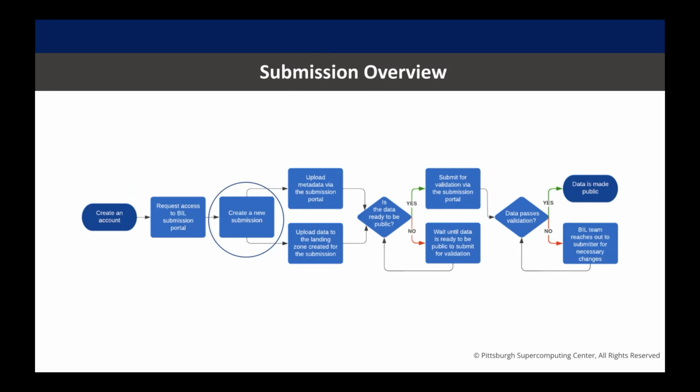But if you log in initially, you'll have a private Scratch space to mess around with, get a feel for how to submit things to BIL, or just have a spot where you want to deposit something to do some things with the hardware available on BIL.